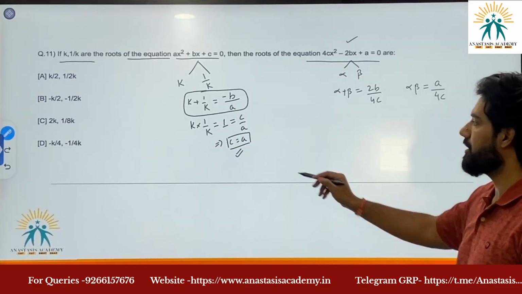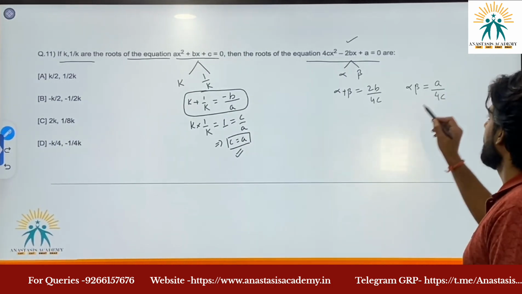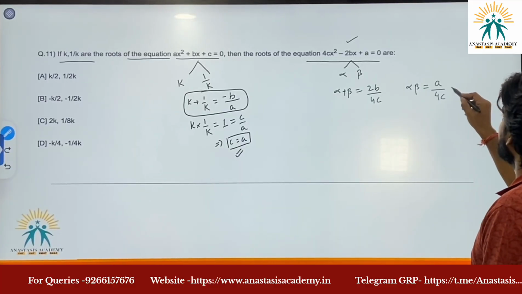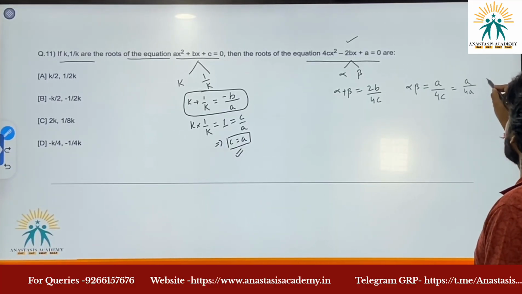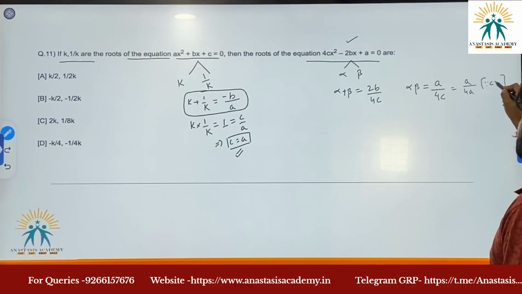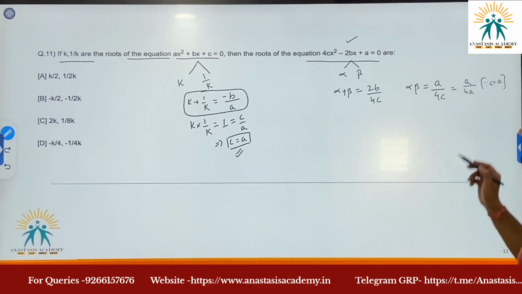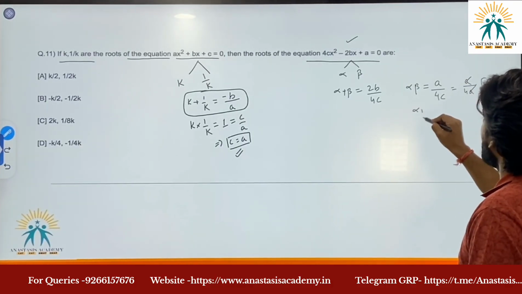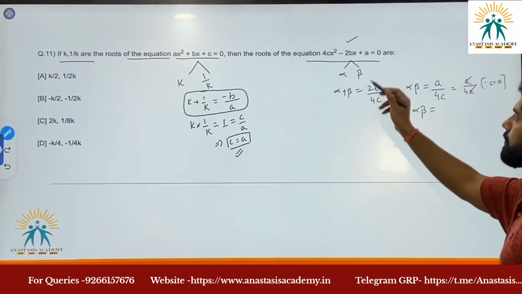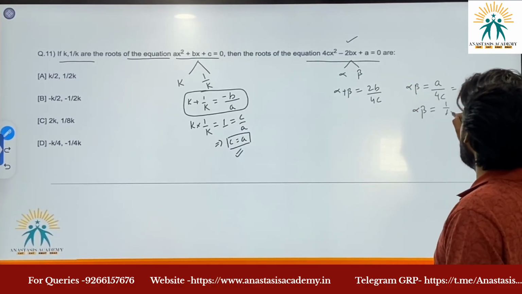From here I can replace c as a. So if I place c as a, it becomes a upon 4a, because c is equal to a from here. So the product of the roots of this equation will be 1 by 4.